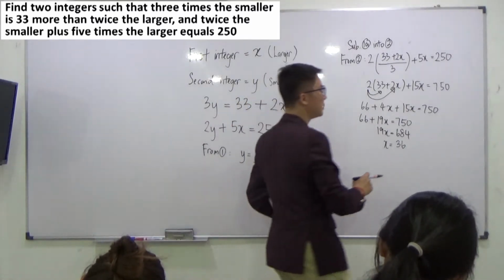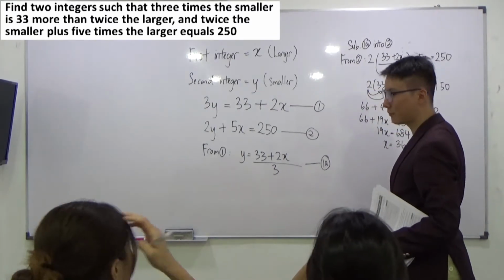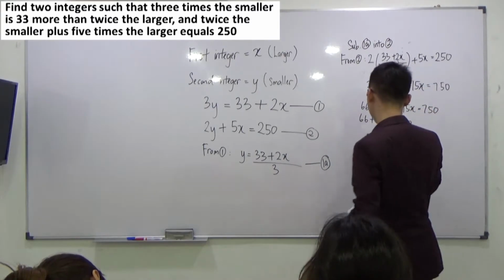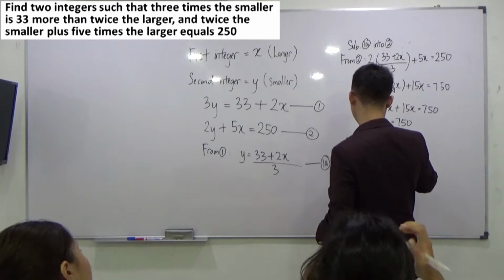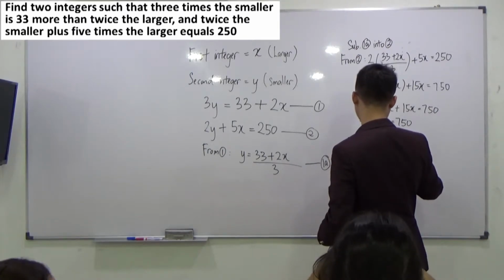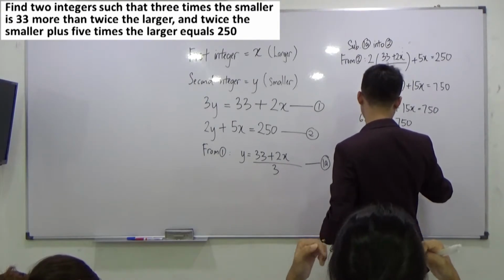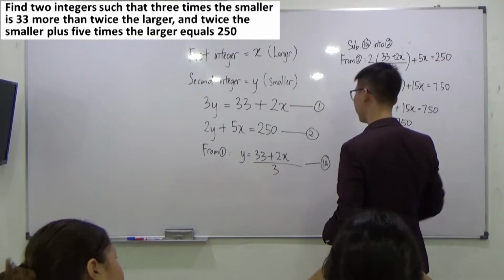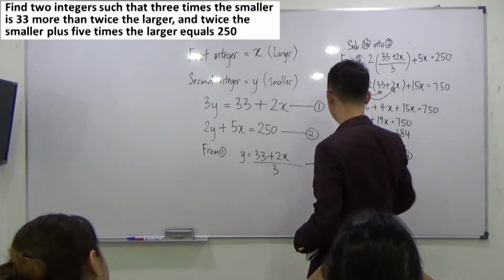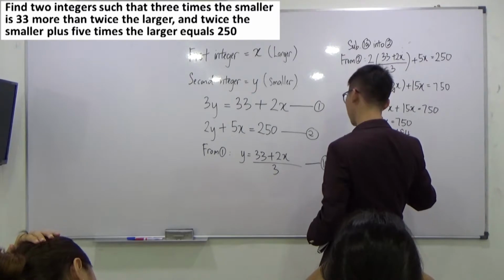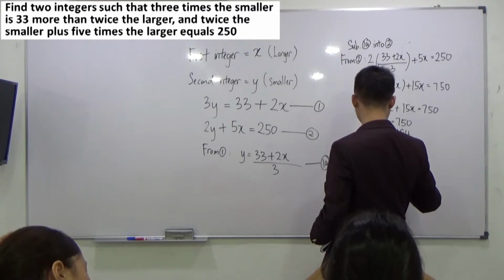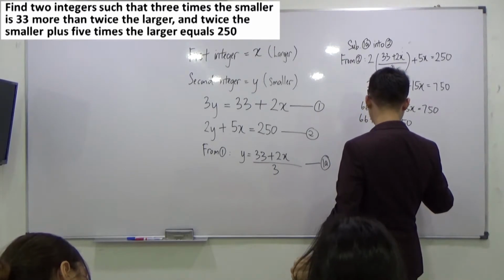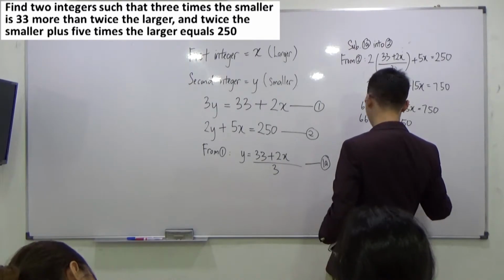So this is only one of the answers. We're going to find y, so we're going to substitute x equals 36 into 1a. So y equals 33 plus 2, and then this 36 divided by 3.